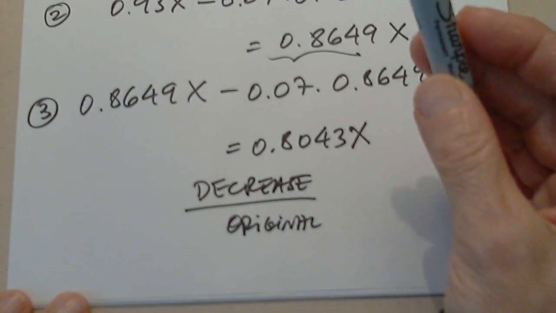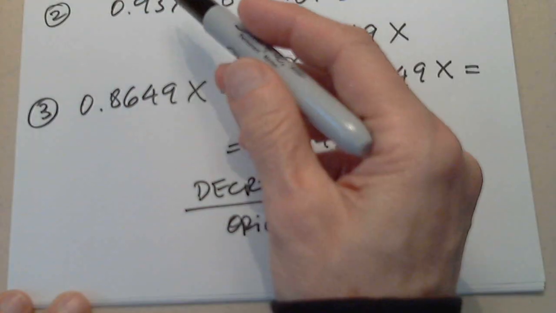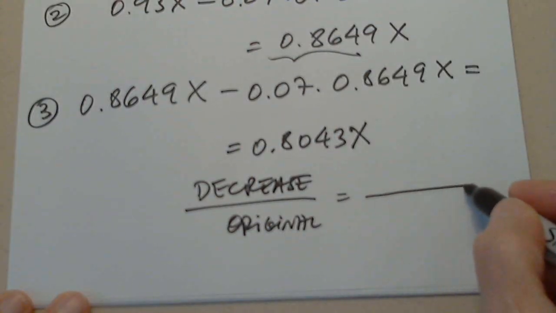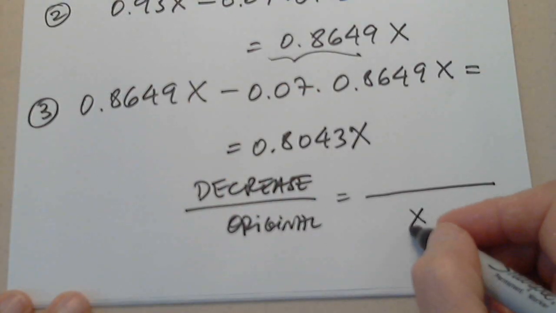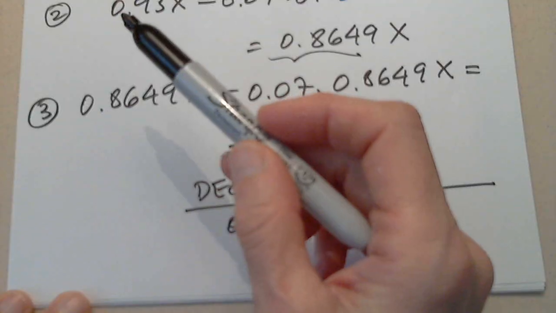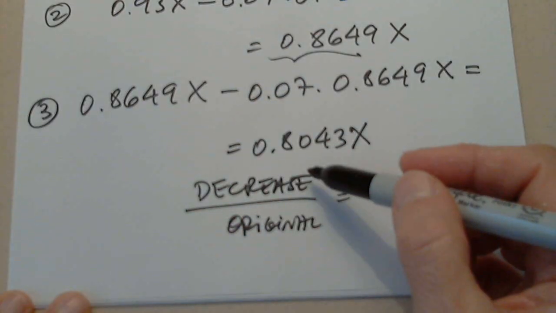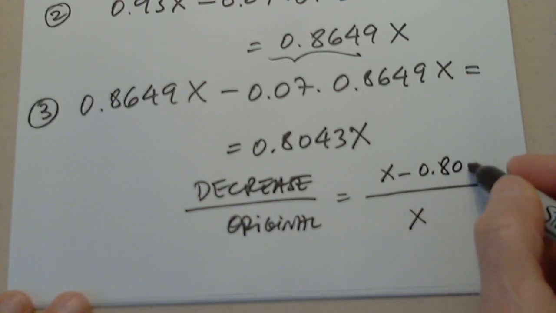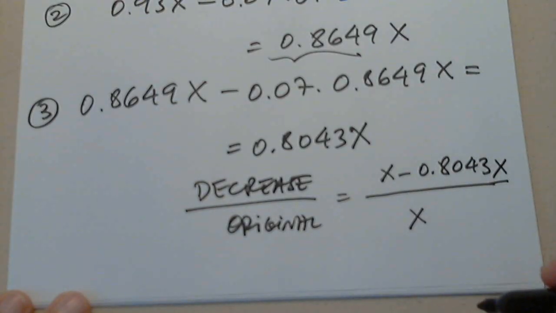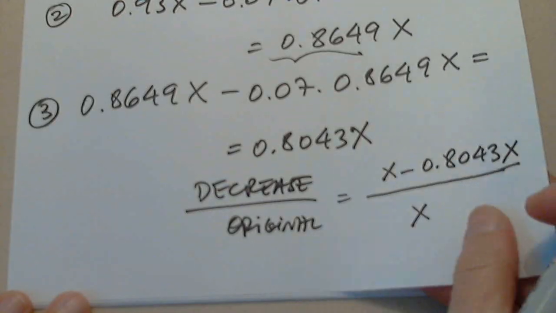So, what percent decrease results? So, the original amount is X. The decrease is from X, I subtract 0.8043X. X doesn't matter because it will go away.